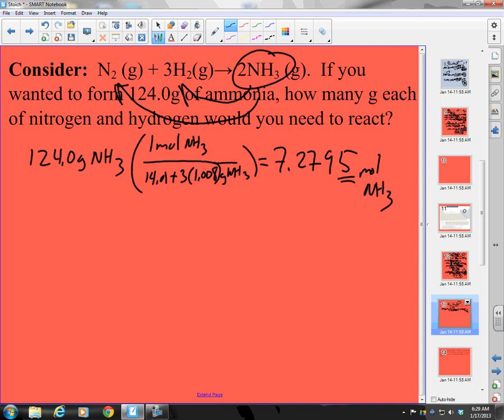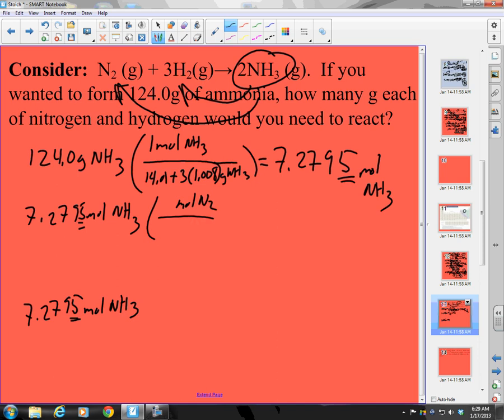And then I can do that. 7.2795 moles of ammonia. I'm going to write this down twice, because I'm going to do the calculation twice, right? Once for hydrogen and once for nitrogen. And I'm going to look at moles of N2 per mole of NH3.